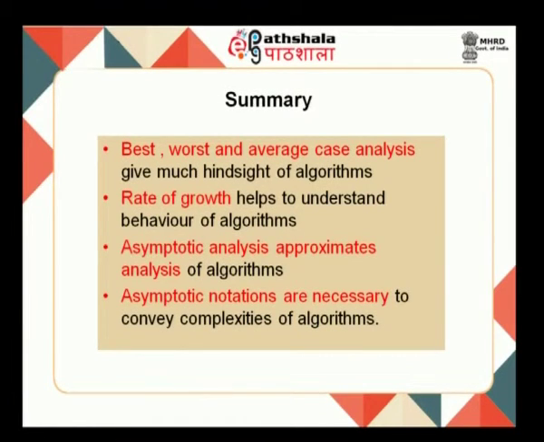The t of n expression can be simplified, so approximation can be made use of, which is called asymptotic analysis. Once the asymptotic analysis is over, we express it suitably using notations called the asymptotic notations.